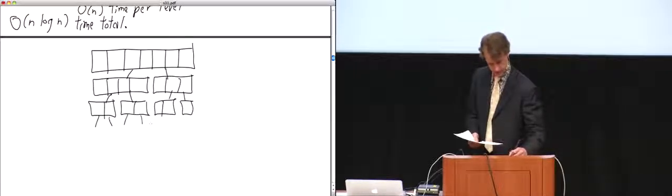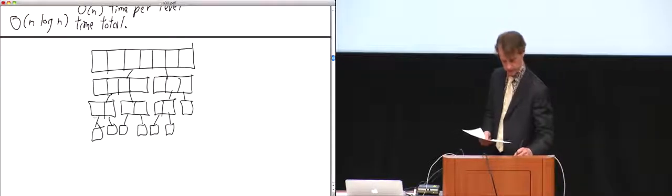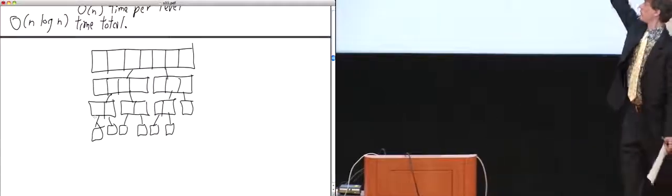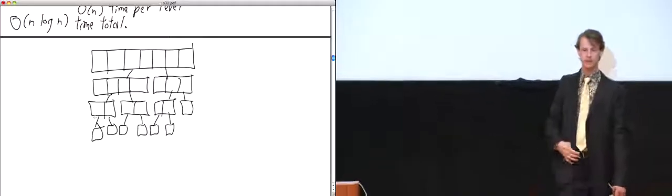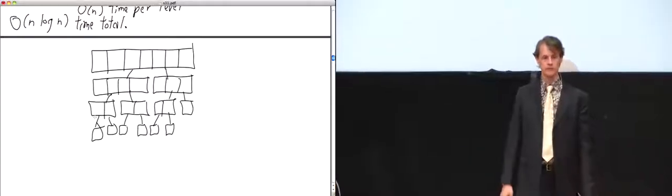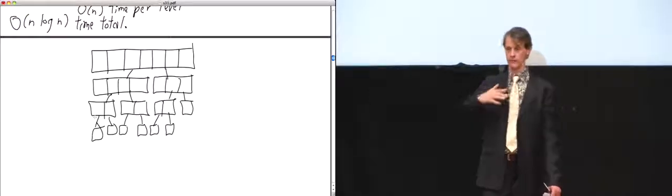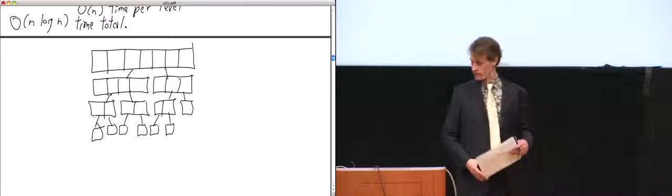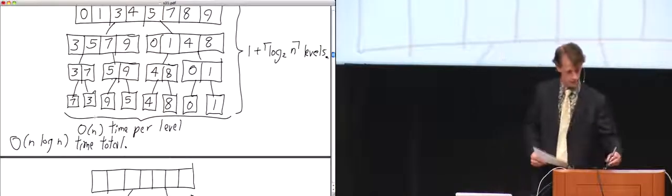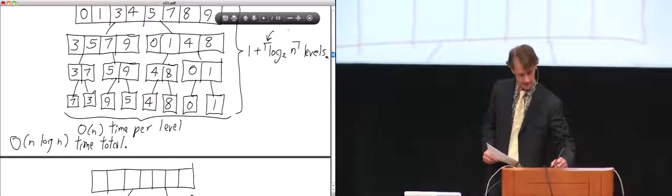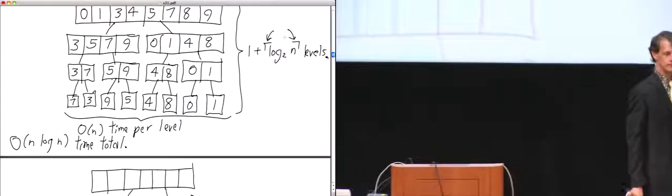And then these ones will bottom out at a different level. And that lonely one on the far right will stop one level early. So the leaves are not always at the same level. They can differ by 1 level, but it still works out in the end. And that is why when I wrote the number of levels, the reason I wrote a ceiling here is because if n is not a power of 2, that's going to be some fraction.